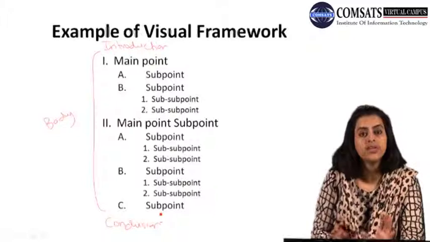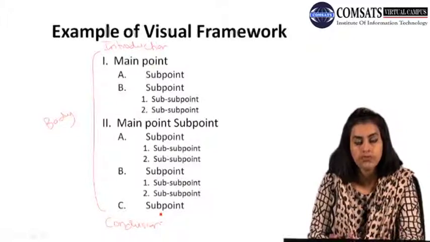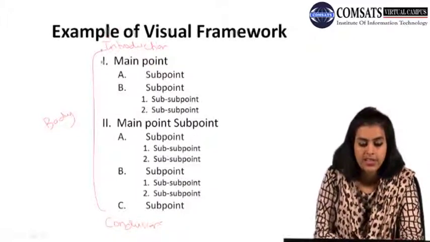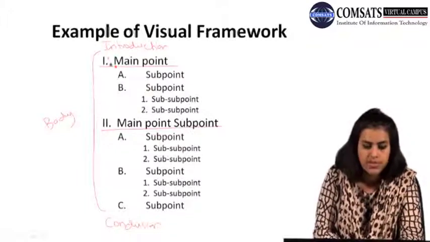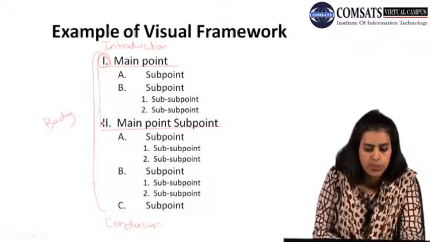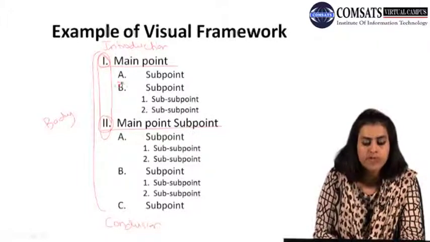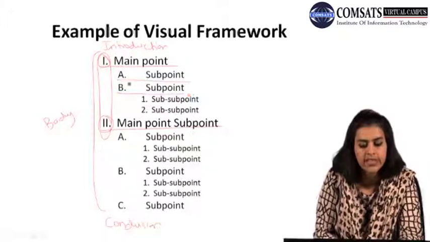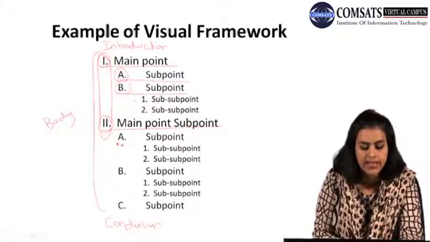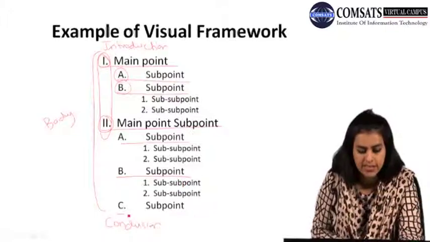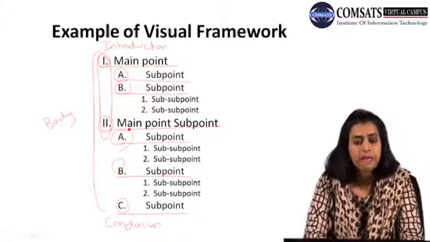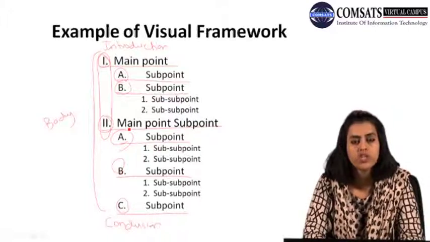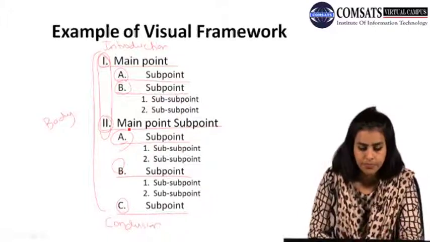Now check out the symbolization and indentation of this visual framework. As you can see, the main points are written in Roman numbers. So there is a consistency that your main points are written down in Roman numerals. Then you have your subpoints, which are lettered A, B, and it can be A, B and C. For every main point, you are going to make sure that you do the same.